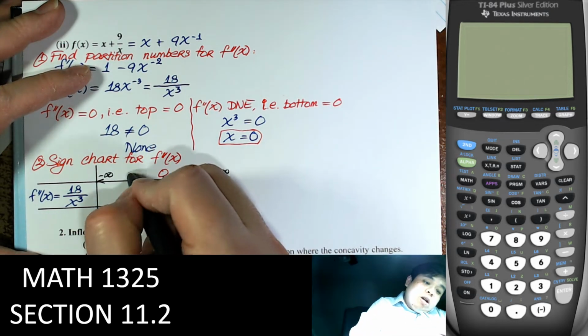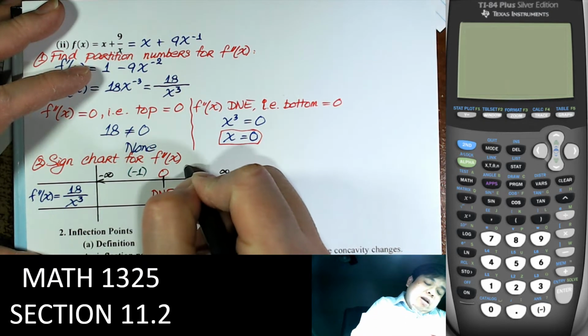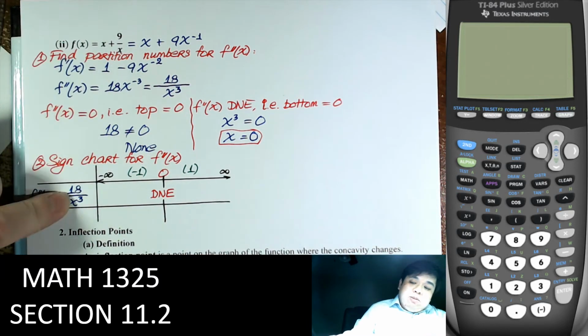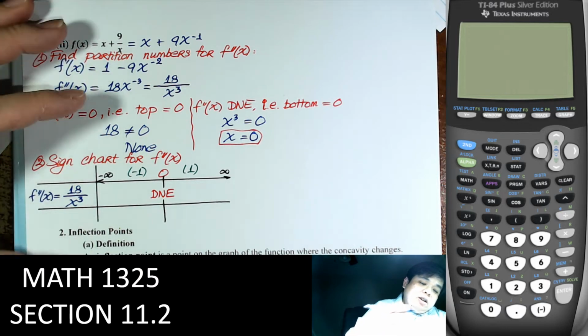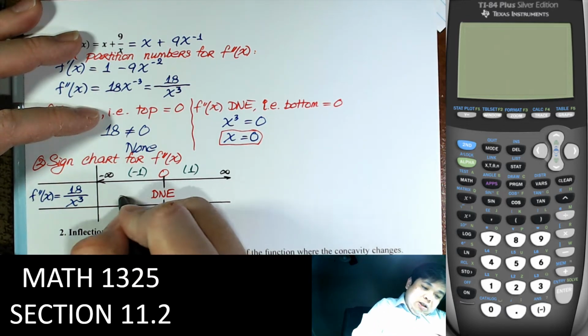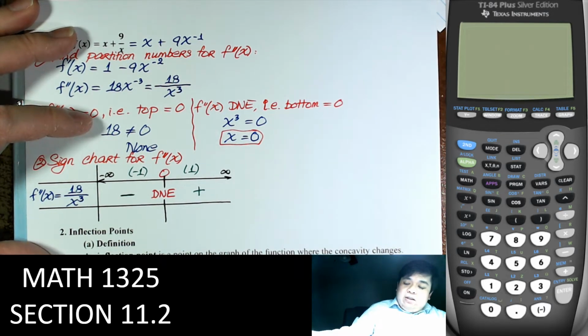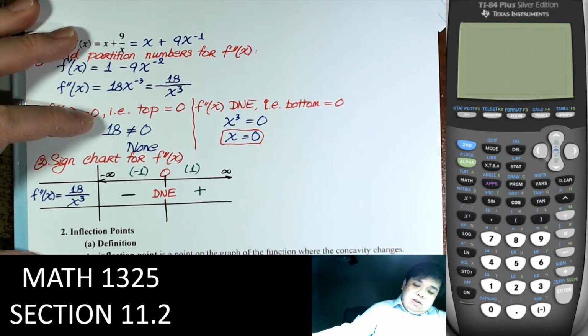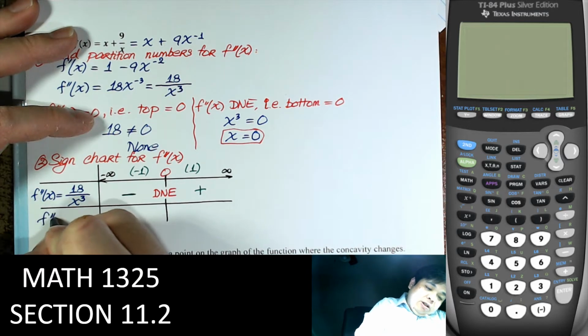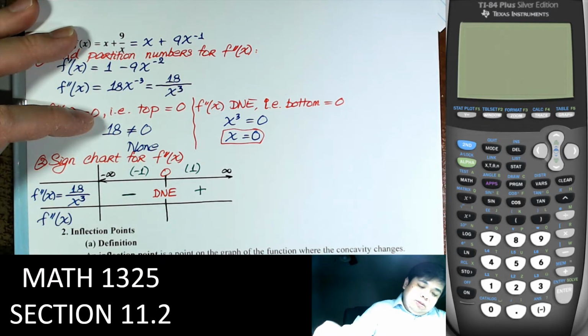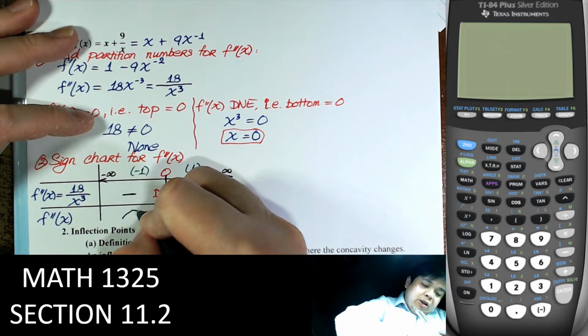Right, that's the point. Let's put something negative and positive. Put a negative number in here, 18 over negative 1 cubed, so that's negative, and put a positive in there, that's positive. Negative is concave down, positive is concave up.